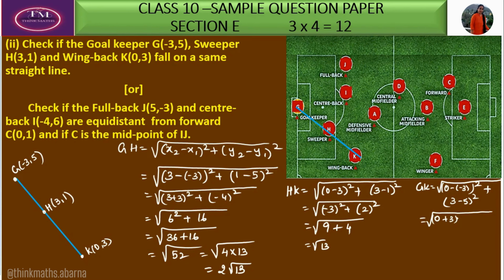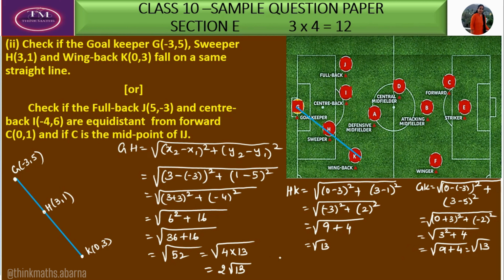So 0 plus 3 whole square, 3 minus 5 is minus 2 whole square. So we have 0 plus 3 it is 3. So 3 square plus minus 2 whole square. This minus square is plus 2 square is 4. So we have 3 square is 9 and this is 4. So square root of 9 plus 4 is 13.